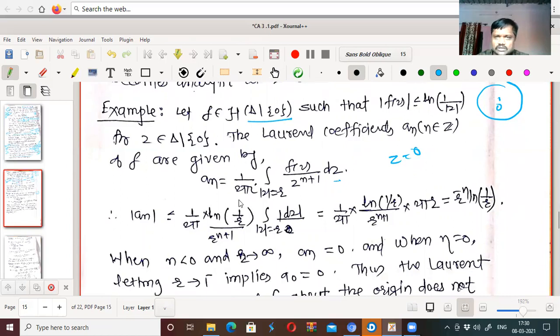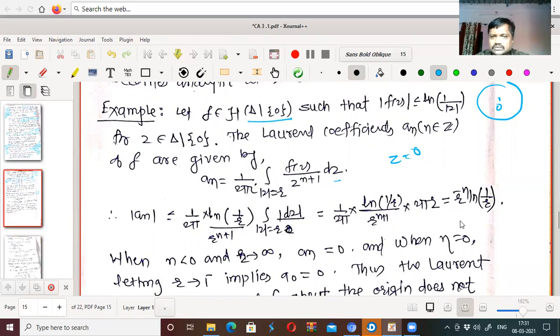So what can we write? Log of 1 upon r, raised to, this is also mod z to the power n plus 1, so r raised to n plus 1, remaining the integral over mod z equal to r of mod dz. But mod of dz is nothing but the length of the perimeter of this curve. So for mod z equal to r, its perimeter is 2 pi r. So 1 by 2 pi, log of 1 by r upon r raised to n plus 1, times 2 pi r.